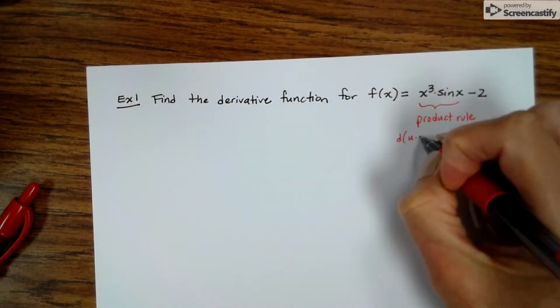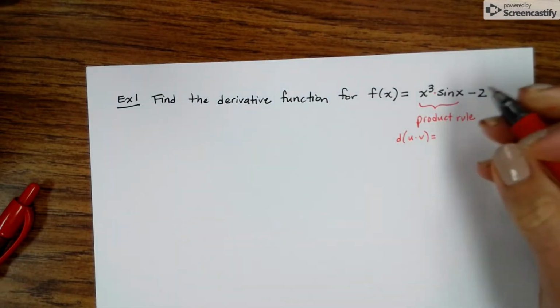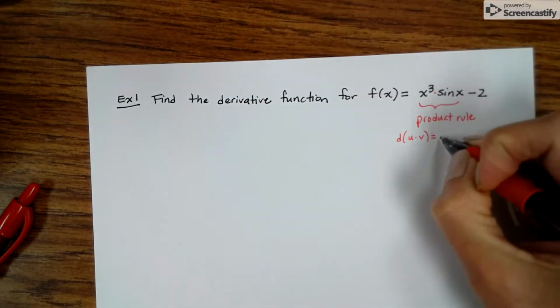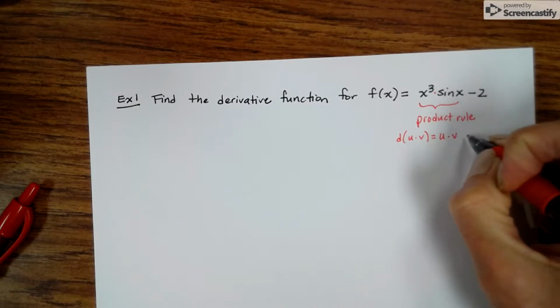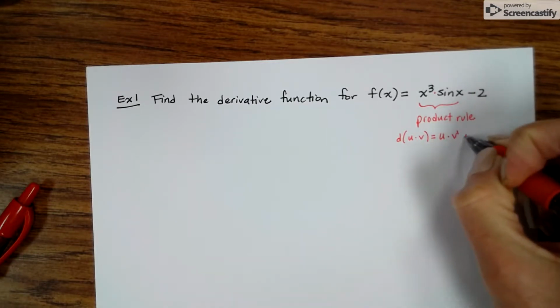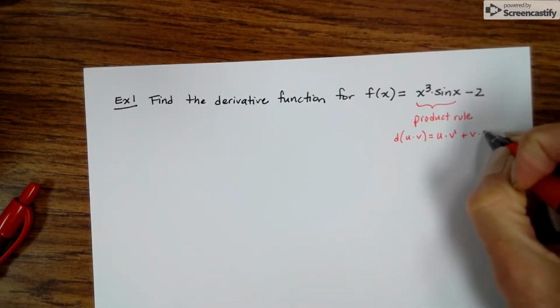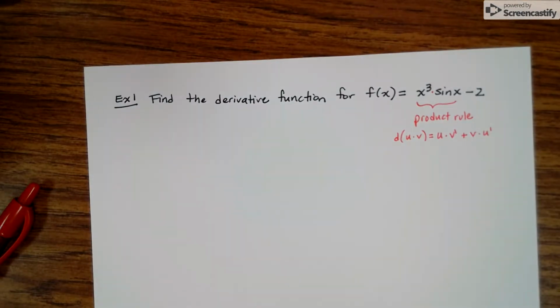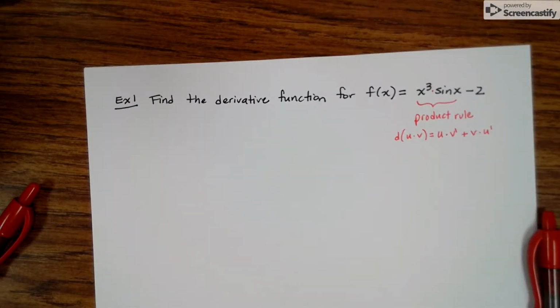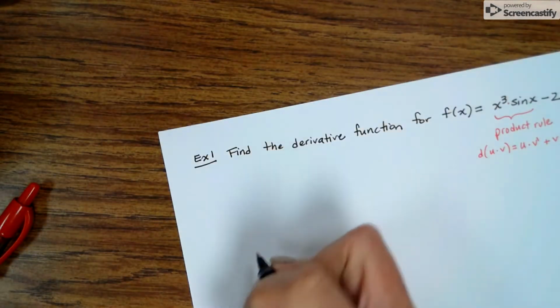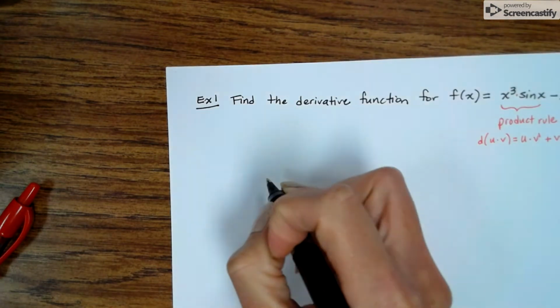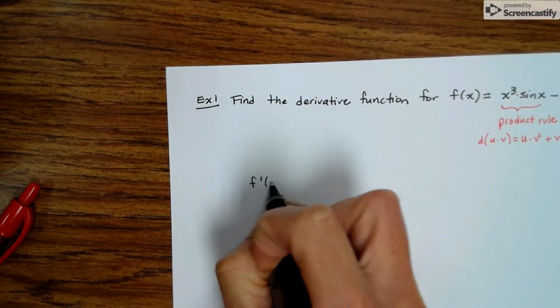The derivative rule says if you have a product of functions, it is the first function times the derivative of the second, plus the second function times the derivative of the first. So I'm going to go ahead and find f prime of x.